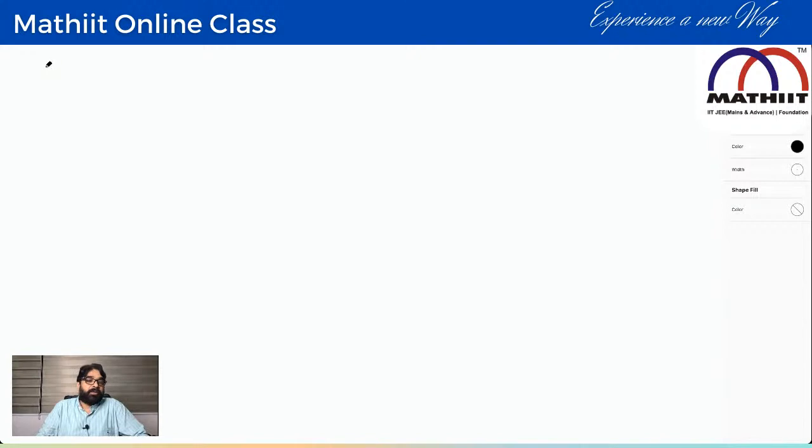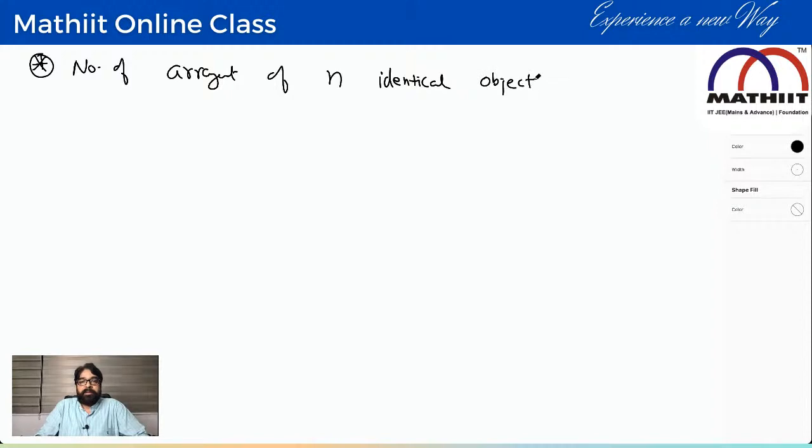Let's go to the next point. Some small point which you already know, but still. Number of arrangements of n identical objects, taking all at a time. No, taking r objects at a time.